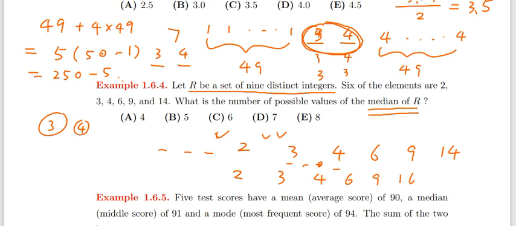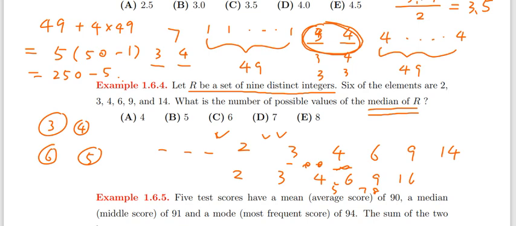How about 5? 5 is okay. We can put two numbers, say 5 and 7, 8. In this case 6 is okay, and 5 can also be the median.